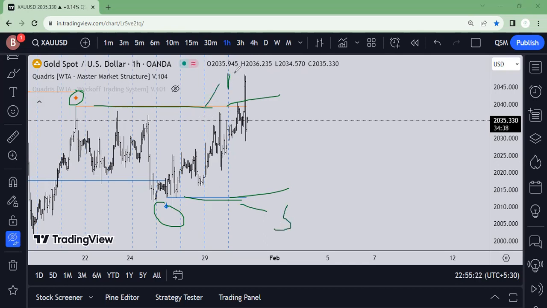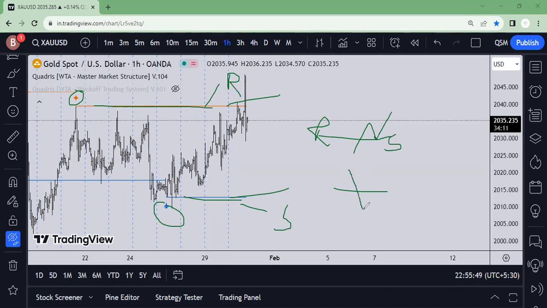This suggests a resistance formation. There is a common analogy preached by many Wyckoff traders, especially David used to talk about this one. A resistance and a support. If there is a successful breakout test, resistance gets converted into support and price rises.